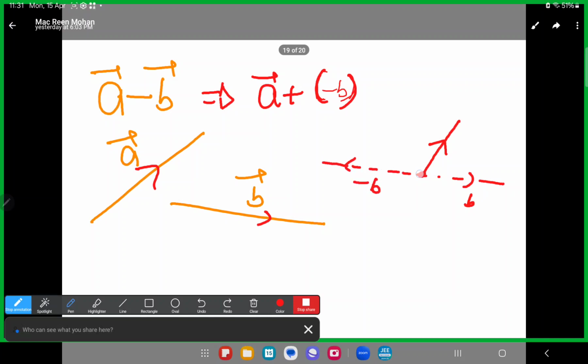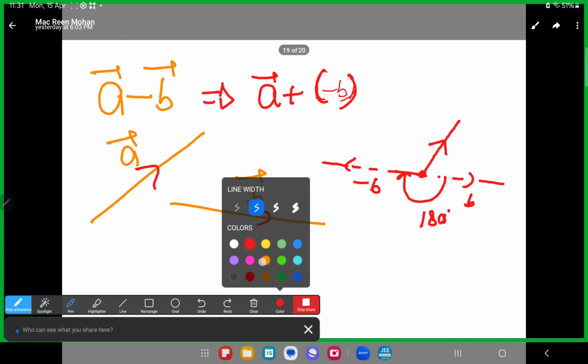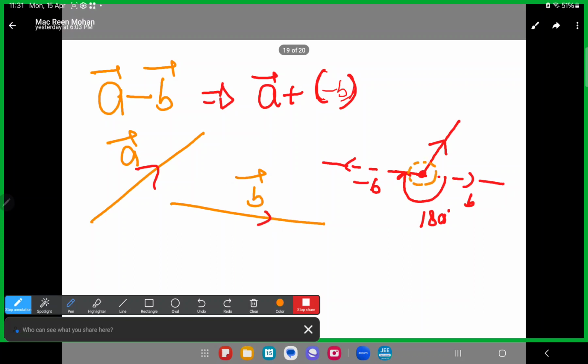This is minus B. Once you have flipped the vector by 180 degrees, it is also called a negative vector. Now for the resultant, as you know, this looks like a parallelogram situation, where the vectors originate from the same point. So you make a complete parallelogram, and the resultant goes along the leading diagonal. It will be A plus minus B. This is the resultant value.